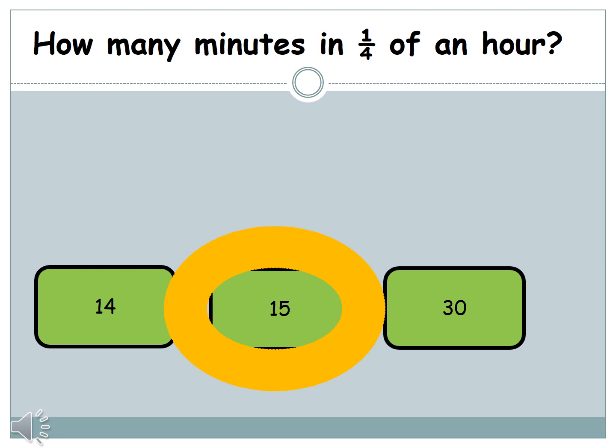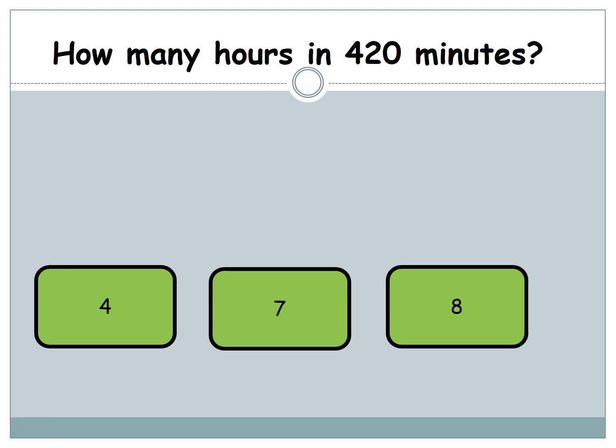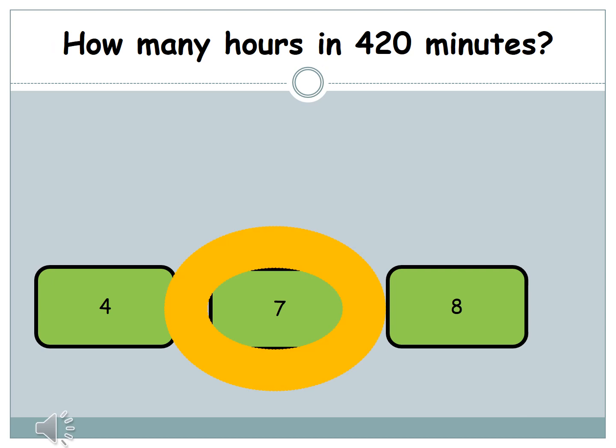The answer is 15. That is because 1/4 of 60, which is 1 whole hour, equals 15. The answer is 7, because 7 times 60 equals 420.